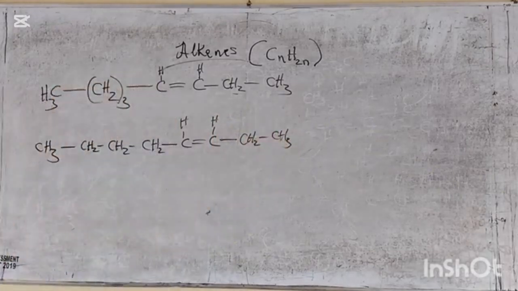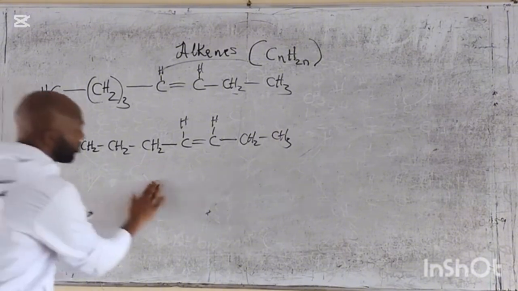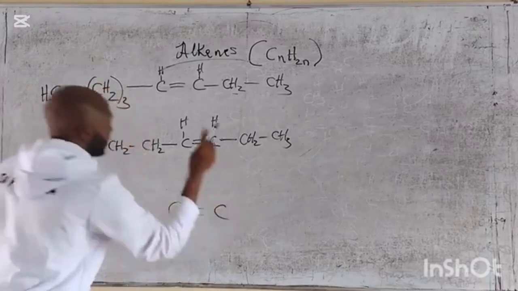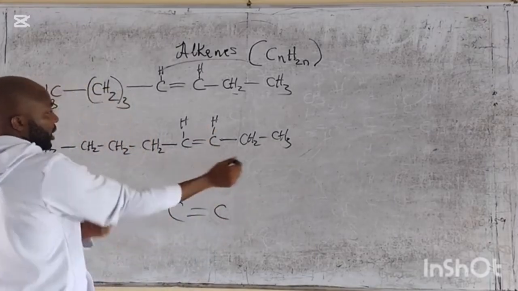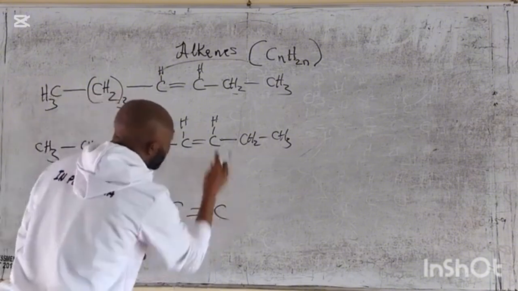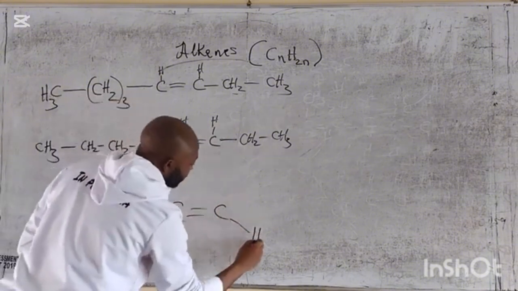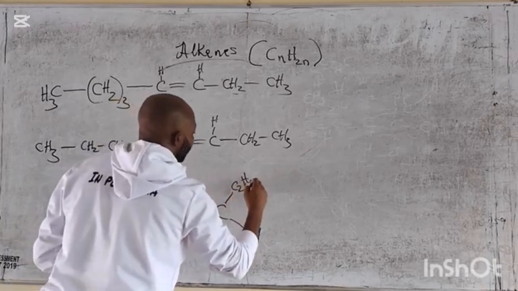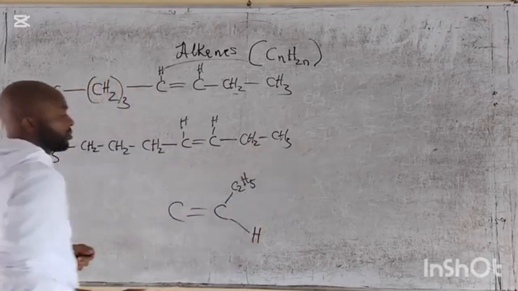Now, if I want to position them in a cis and trans manner, this is what I can do. I will come down here. This is my double bond here. These two. And this is the hydrogen. This is C2H5, an ethyl group.